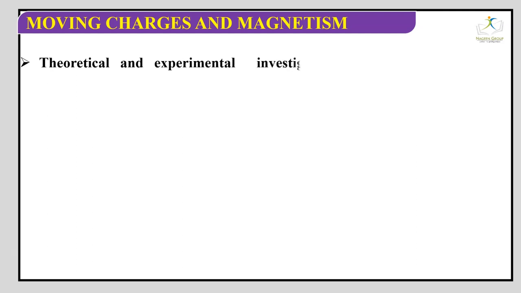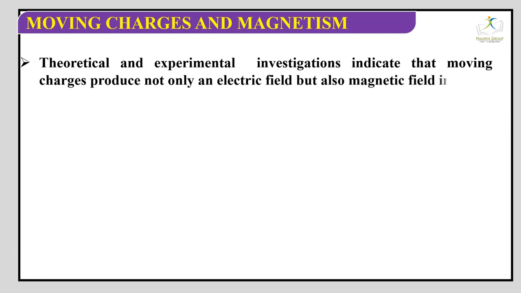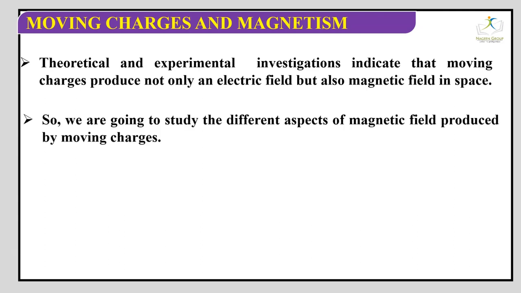Theoretical and experimental investigation indicate that moving charges produce not only an electric field but also a magnetic field in space. So we are going to study the different aspects of magnetic field produced by moving charges.